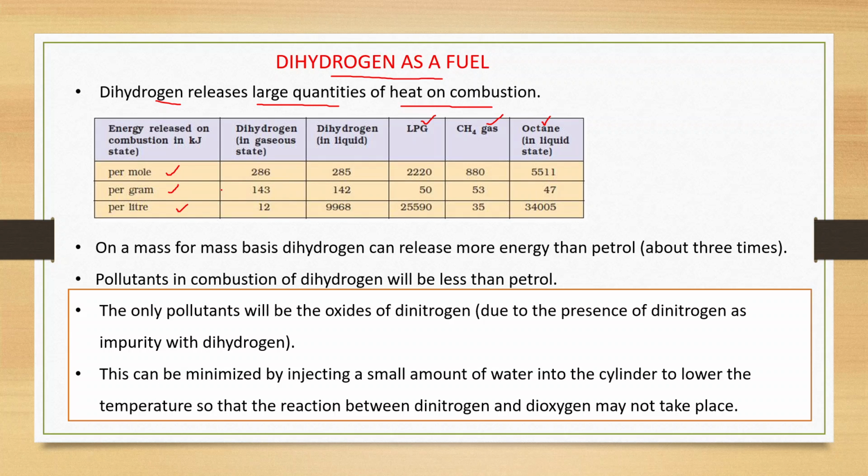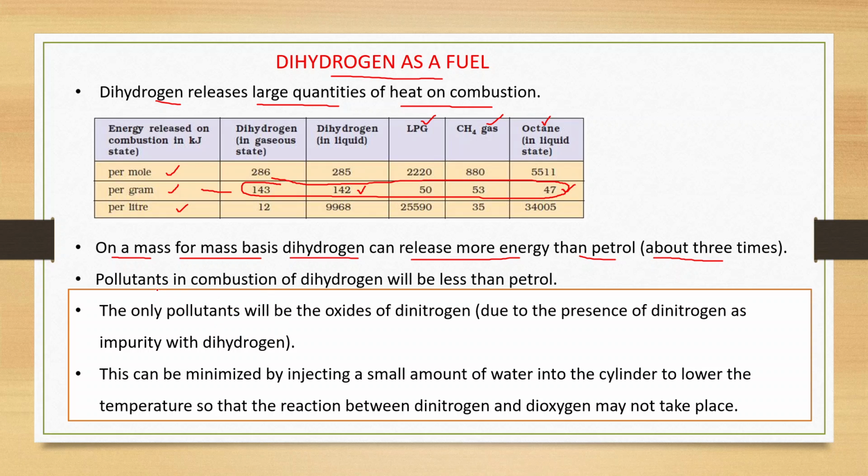Just compare mass by mass, that is per gram. See this one. On a mass for mass basis, dihydrogen can release about 3 times more energy than petrol. Just see, this is 142 kilojoule per gram, while petrol is 47 kilojoule per gram.